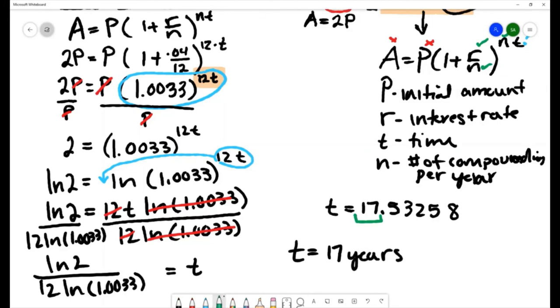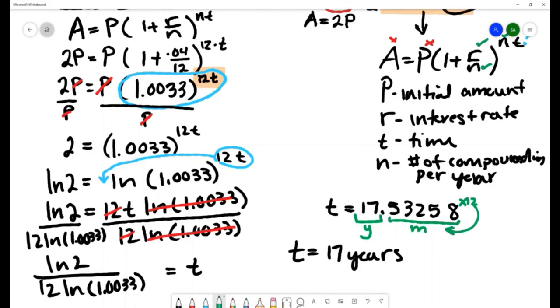We're going to make the rest of this number, everything after the decimal place, represent the months. So this is years, this is months. But right now it's in years, so we need to convert it to months. Since there's 12 months in a year, we're going to take that decimal value and multiply it by 12, and that's going to give us how many months.